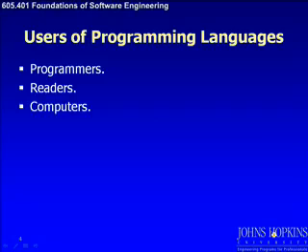So certainly you want to provide facilities in the language to help programmers write the lines of code, but you've got to pay a lot of attention in the language design to the readers who have to read those lines of code and make sense out of the program. And the third audience or user of the language: when I'm designing languages, I have to keep the computers in mind also. So you want to design a language that will allow the compiler to create efficient object code.